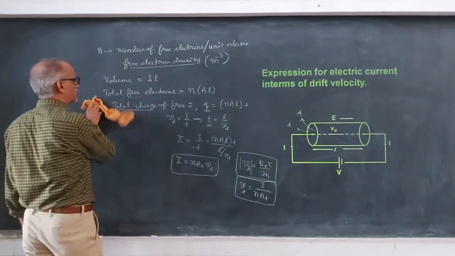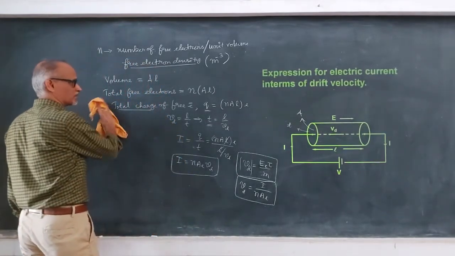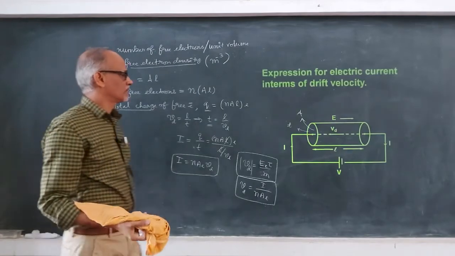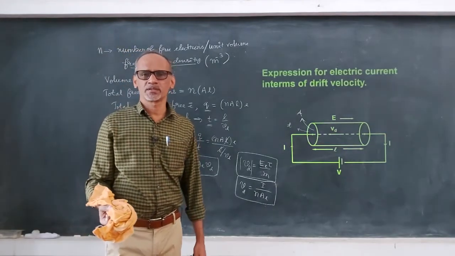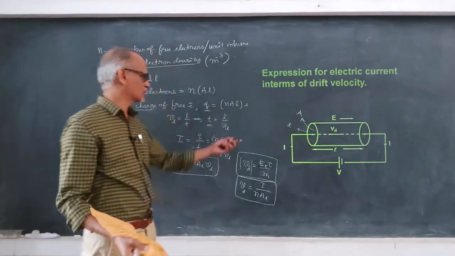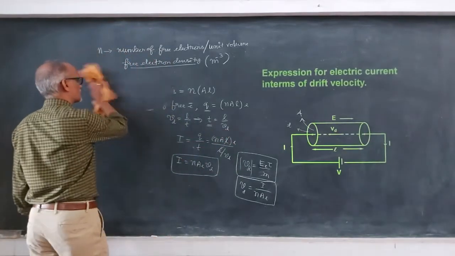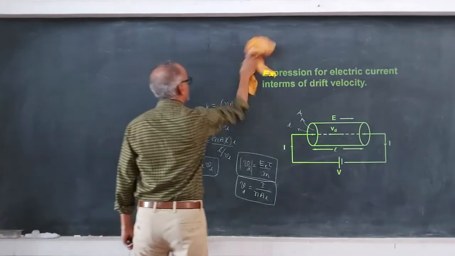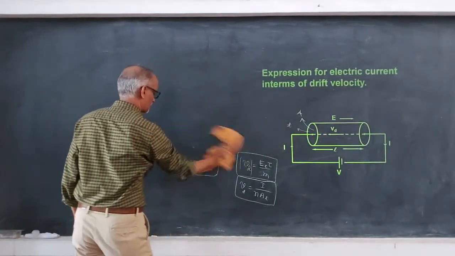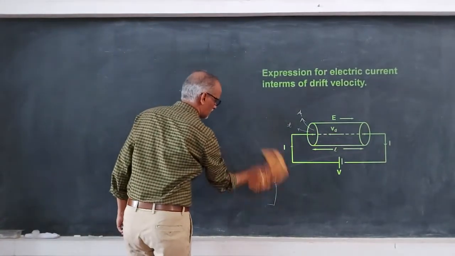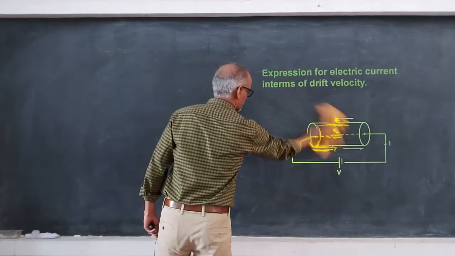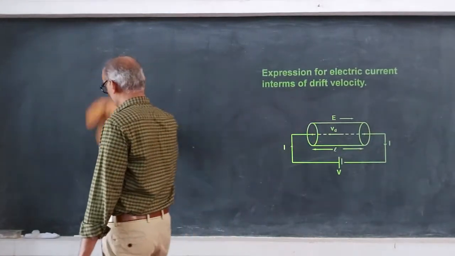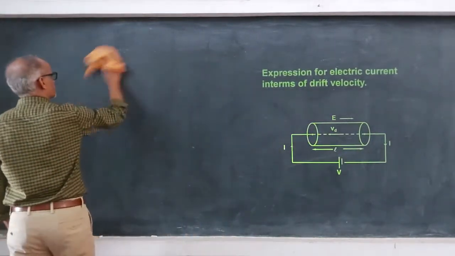They may definitely ask this derivation, because they have asked to write the expression for electric current in terms of drift velocity. That was the question asked for 1 mark in the examination. So, hope you have understood both the derivations of it.